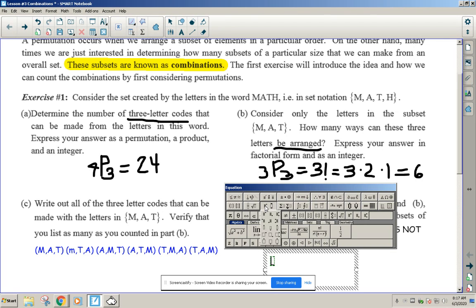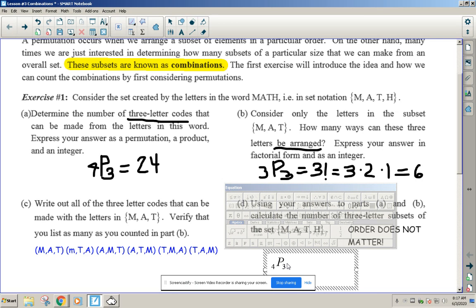So I need 4, and then I need the P, and then I need the 3. So on my calculator, I have 4P3, and I know that that's 24.